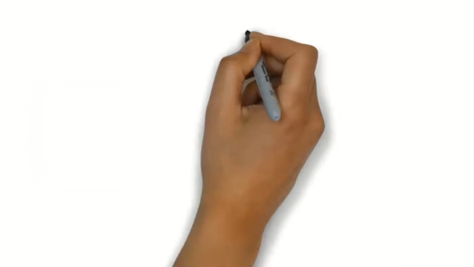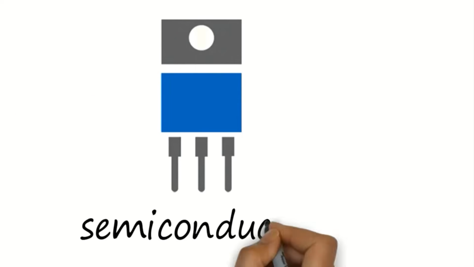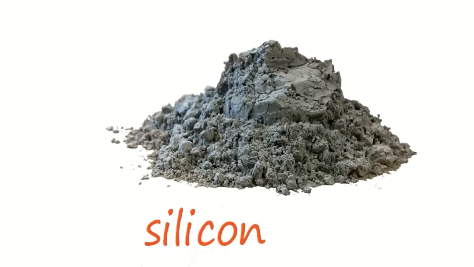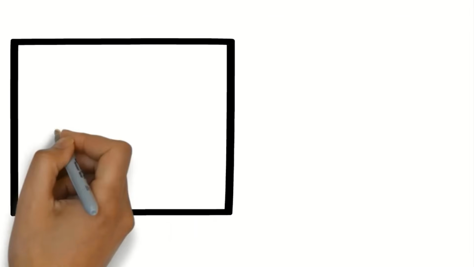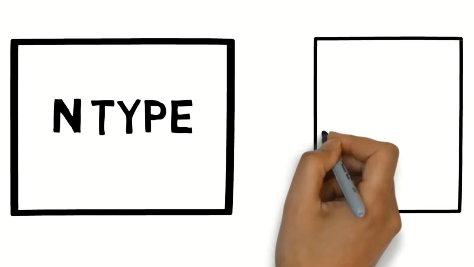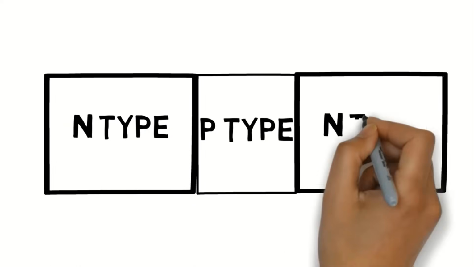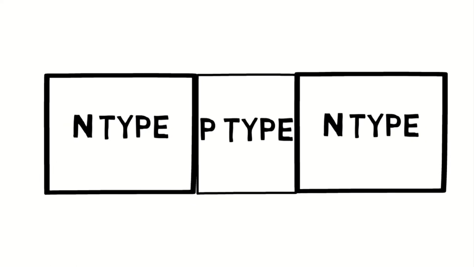Boolean logic uses two possible values, true and false, which are represented by high as 5 volts and low as 0 volts. Transistors use semiconductors like silicon treated with different elements to create an electron-emitting N-type and an electron-absorbing P-type. They are arranged in three alternating layers: the emitter, the base, and the collector.